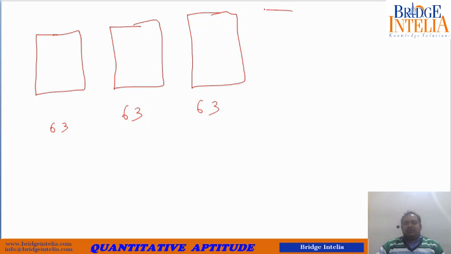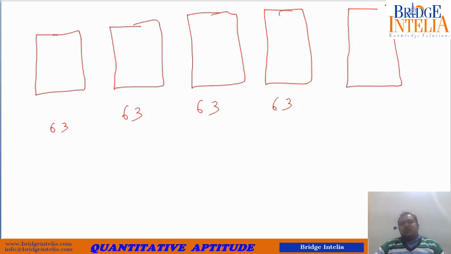Fourth one also 63. So you are mixing these 4 in a big vessel whose volume is 4.2 times.